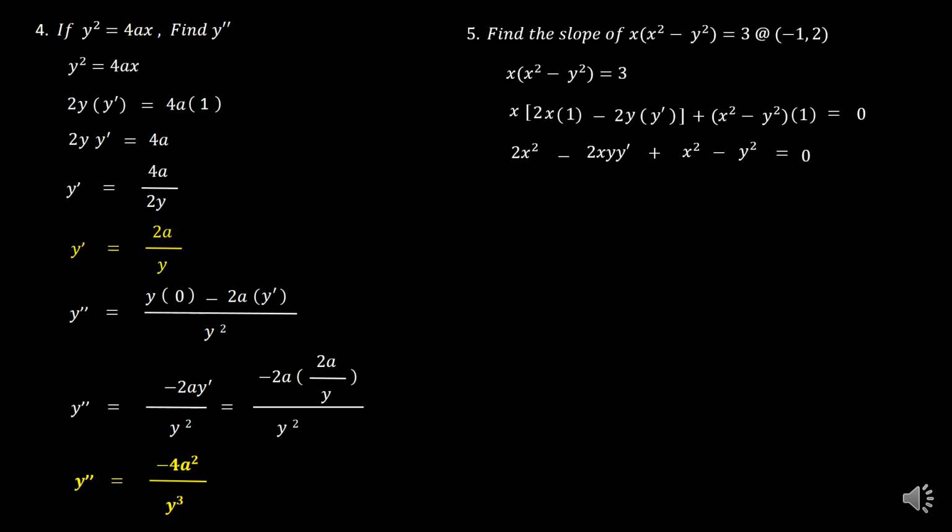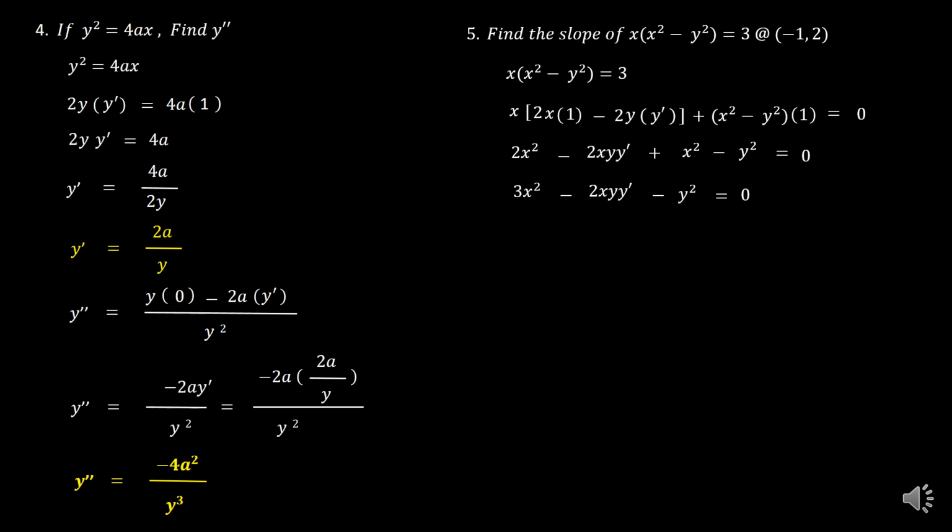Combine similar terms: 2x squared plus x squared becomes 3x squared, then just copy 2xy' minus y squared equals 0. Then substitute the values at point (negative 1, 2).